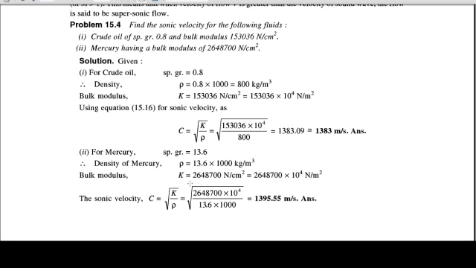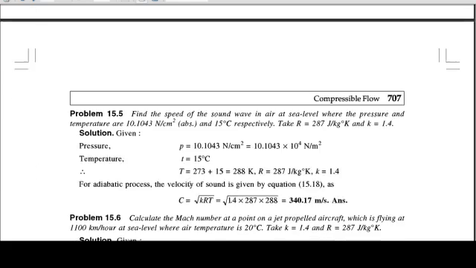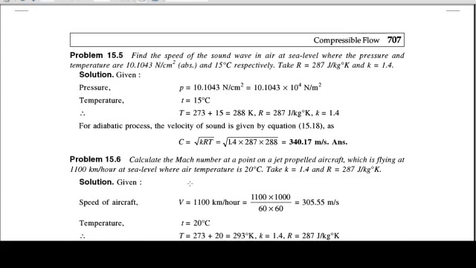Okay, now we will see one more problem. Find the speed of a sound wave in air at sea level where the pressure is 10.1043 Newton per centimeter square.